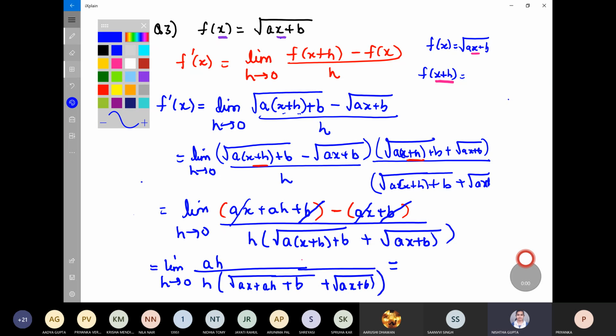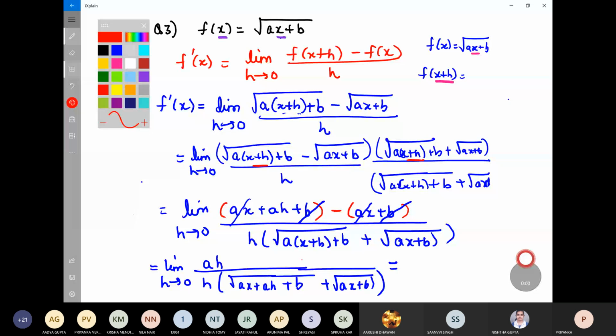Are you all getting? Yes, ma'am. Can't you just cancel h? We will cancel h. मैंने ये इसलिए लिखा है ताकि सबको सारे स्टेप्स दिख जाए. आप इधर ही स्टेप पर कैंसिल कर सकते थे.